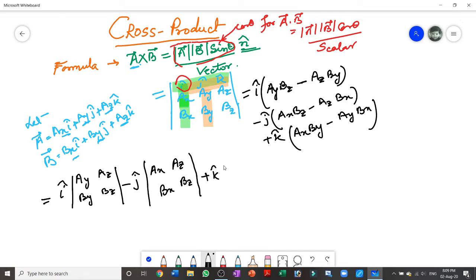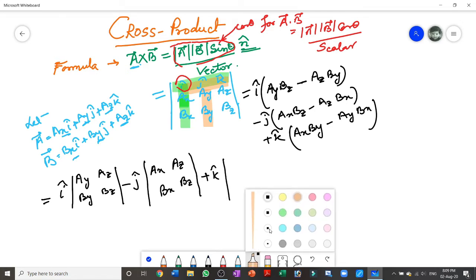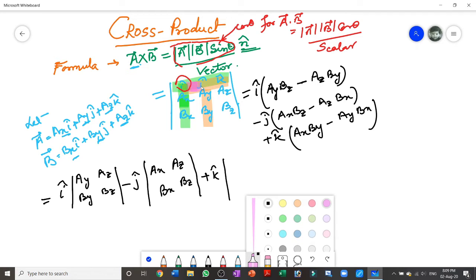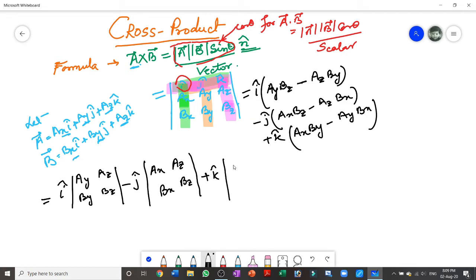For k cap, we have to remove the following terms, that is this row and this column. So we are again left with only ax ay and bx by.